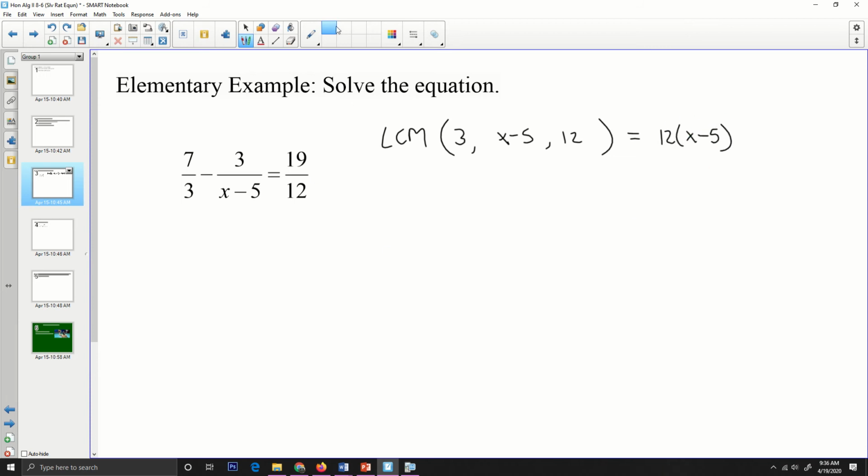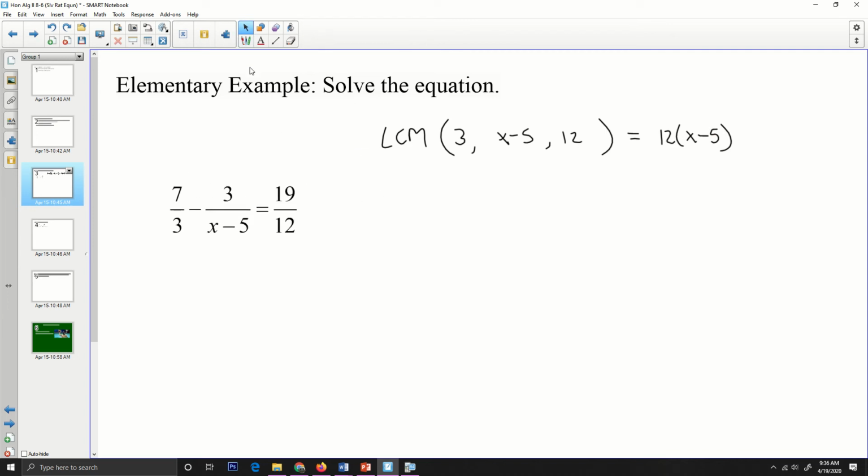And so what I'm going to do with this is, let's just move this one down here. I am going to multiply this whole expression by the LCM, 12 times x minus 5.